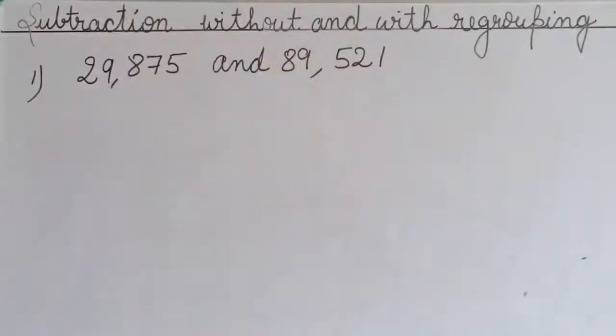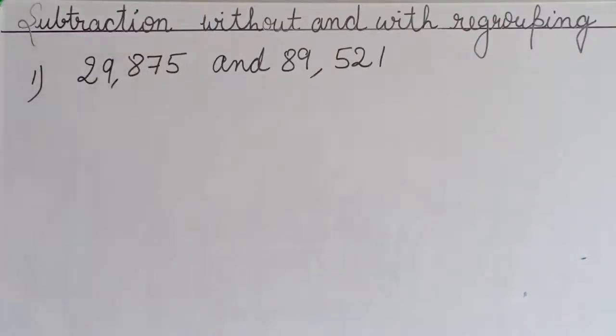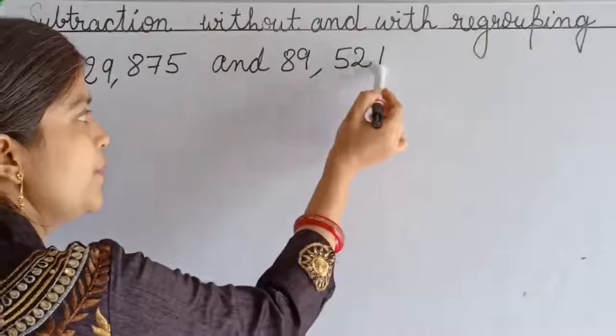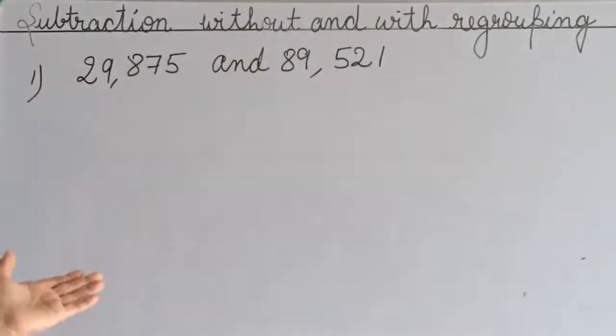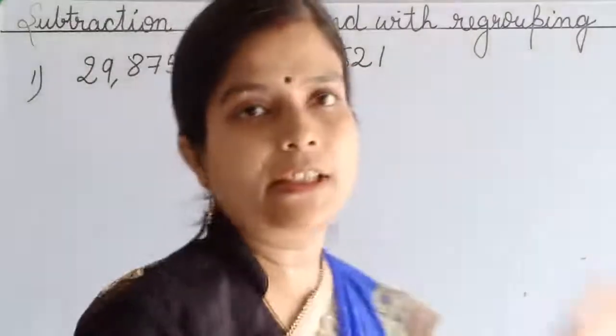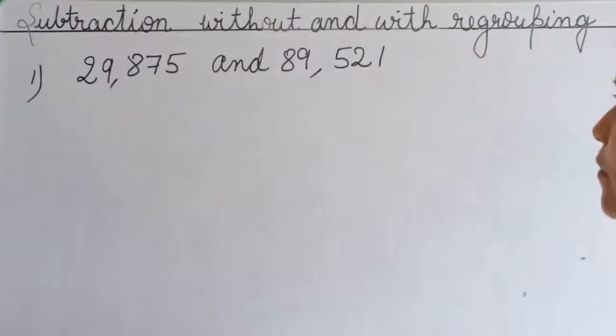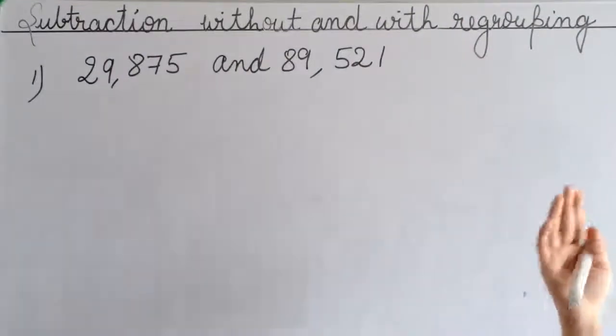Do you know how to compare numbers? For comparing, first we count the digits. Here there are 1, 2, 3, 4, 5 digits. Here also 1, 2, 3, 4, 5 digits. Both numbers are 5-digit numbers. Now we compare the digits of the highest place value.